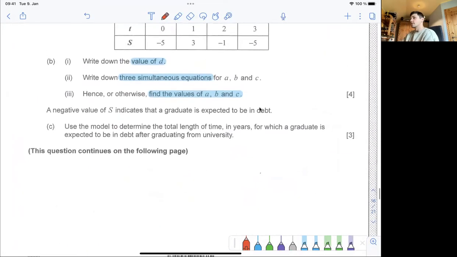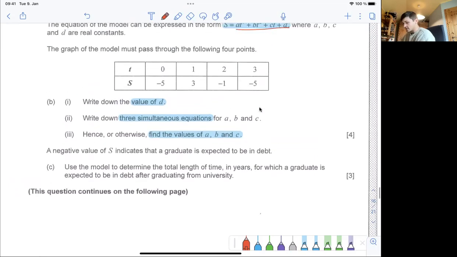Right, so now we have to, a negative value of S indicates that a graduate is expected to be in debt. Use the model to determine the total length of time in years for which a graduate is expected to be in debt after graduating from university.